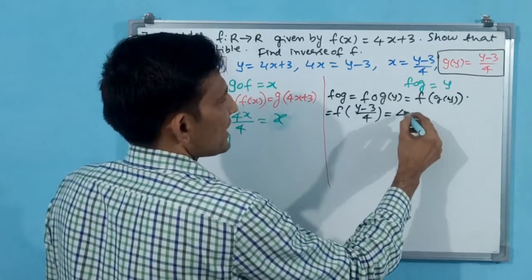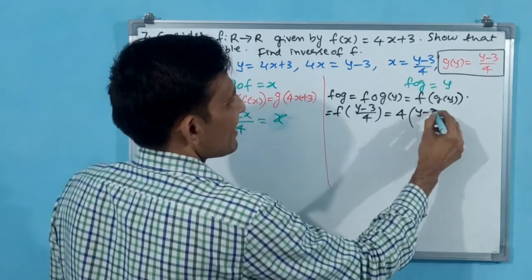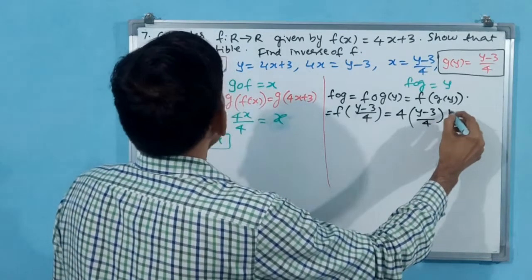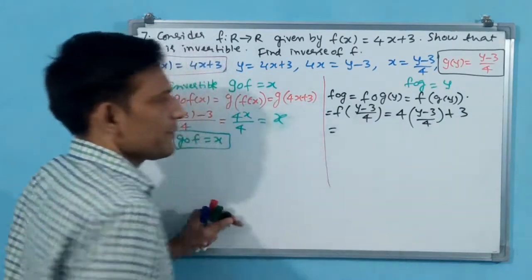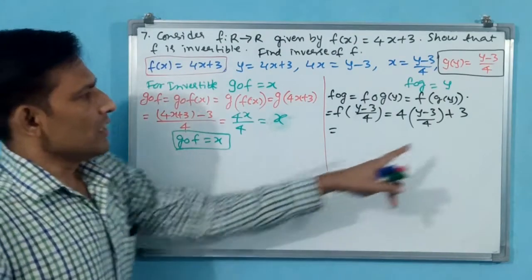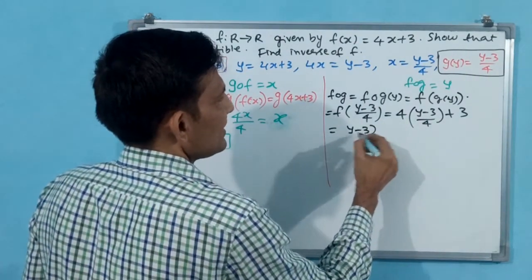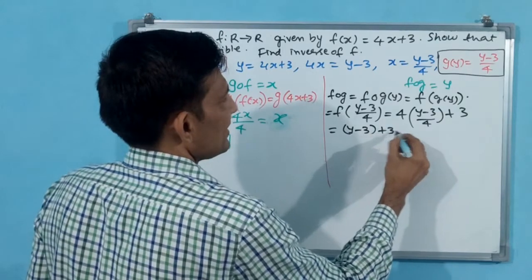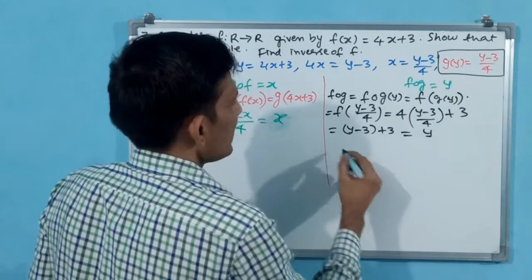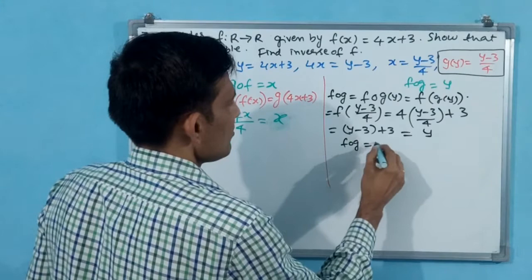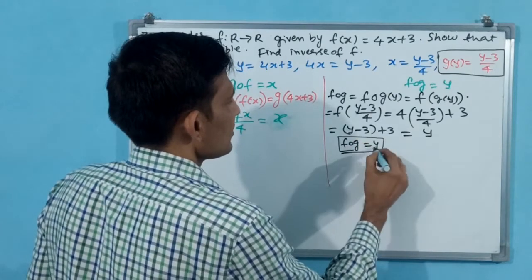That means 4 times the input here, y minus 3 by 4, plus 3. Now this 4 gets cancelled. Y minus 3 plus 3, that is equal to y. That means FOG is equal to y also has come. LHS is equal to RHS.